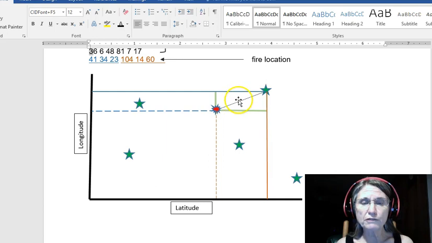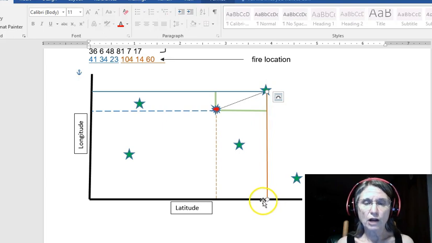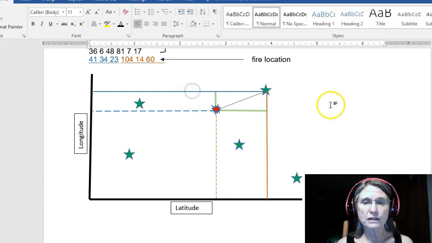So how do we find this distance between airport and fire? It's going to be just a little bit of geometry, right? For each airport, there will be a longitude distance and a latitude distance.